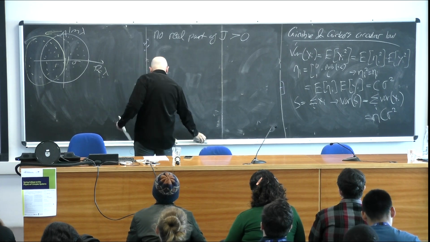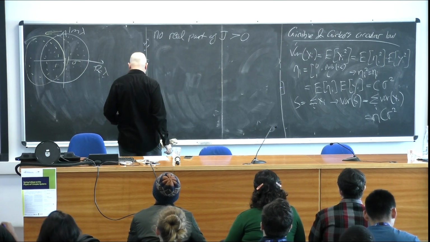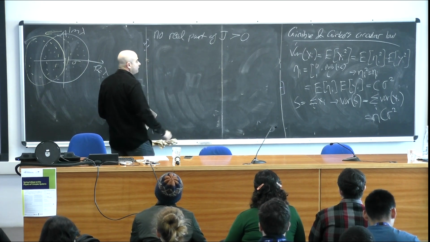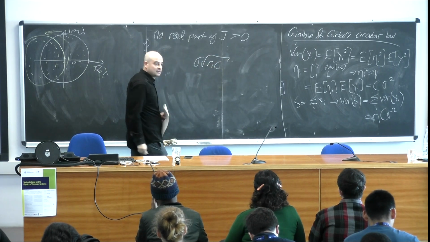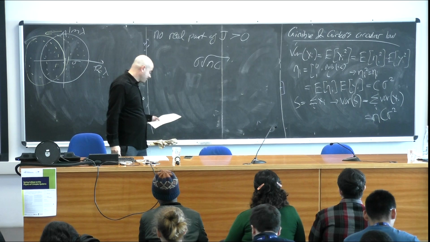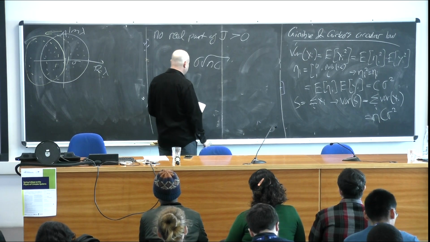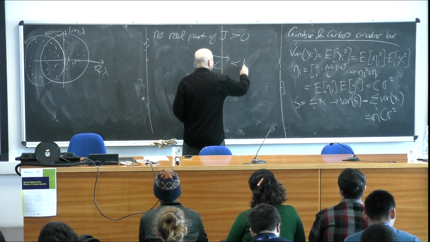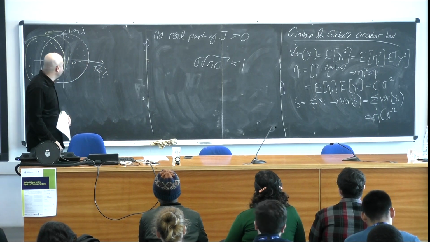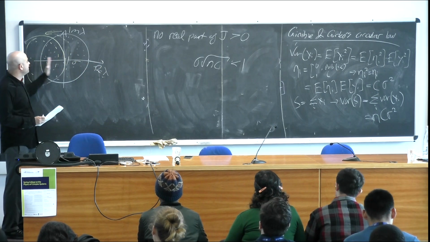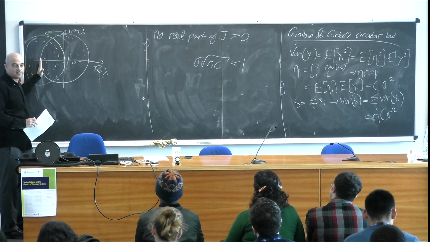Okay, so since we already derived the result for sigma root nC, what we actually need is for sigma root nC to be less than 1. This 1 is not a magic number. This 1 is because we shifted by minus 1.